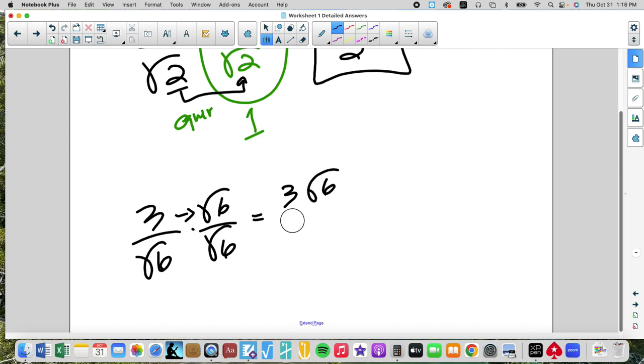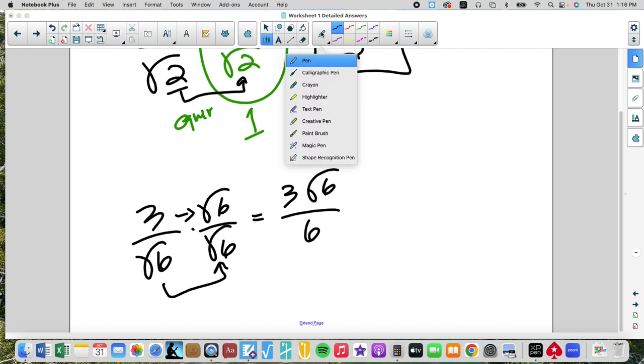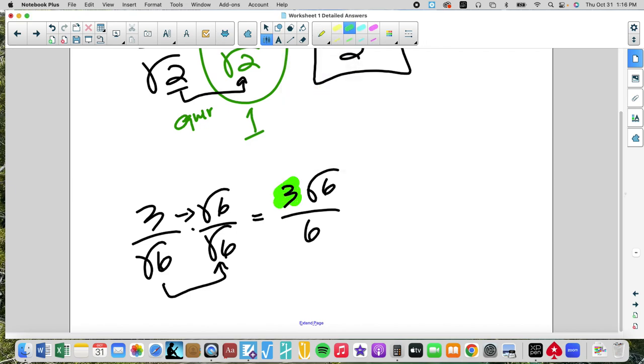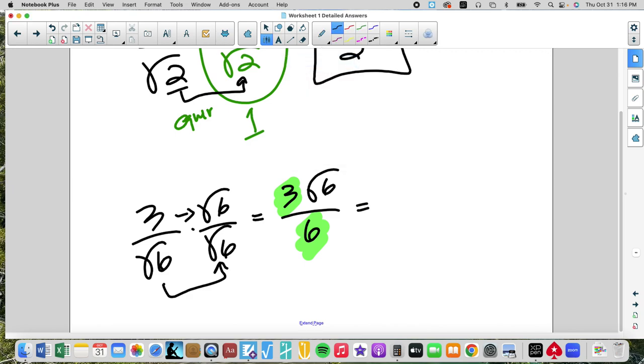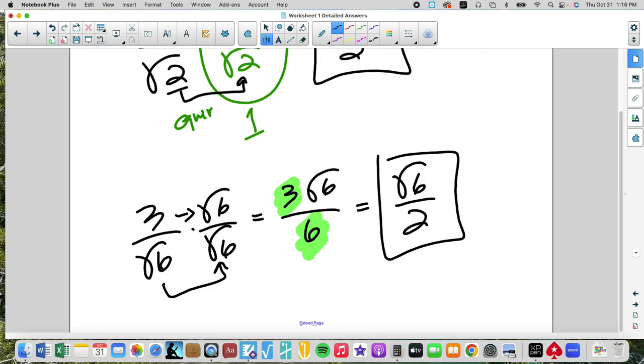Those are unlike. And then rad 6 times rad 6 is 6. Now we look at the coefficients. The 3 and the 6 are outside, so we can simplify that, and that simplifies to rad 6 over 2. So that's a good example of rationalizing, and then you typically have to simplify.